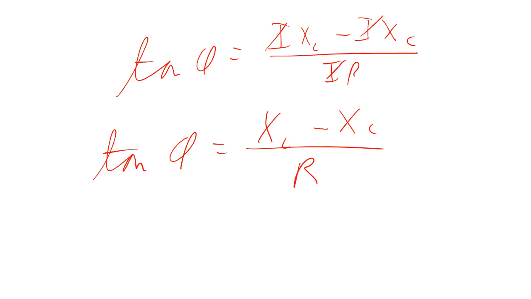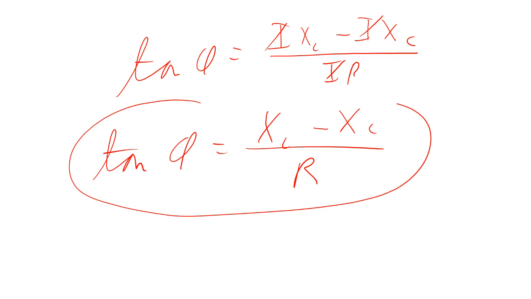And so this gives us our measure, the phase angle. This is the angle that determines how much the current and voltage are separated. In other words, this measures how much the voltage is leading. So if we have a positive phase angle, that means the voltage leads.